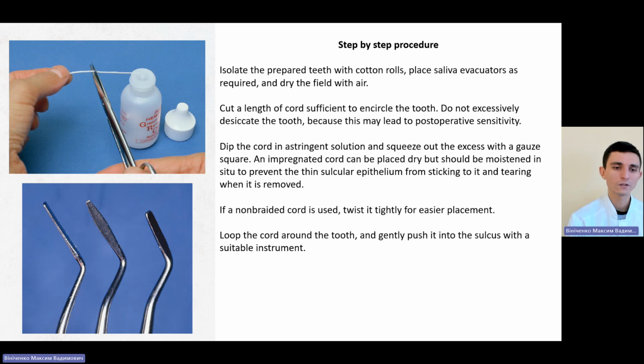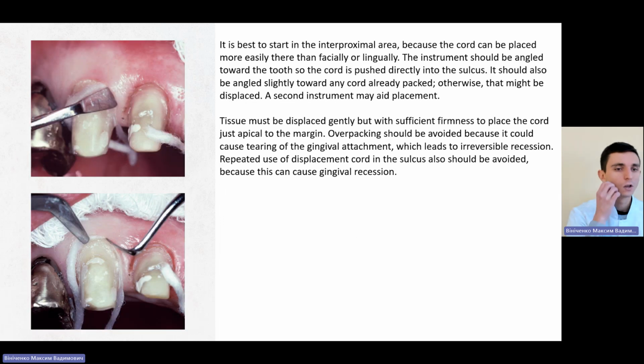If a non-braided cord is used, twist it tightly for easier placement. Loop the cord around the tooth and gently push it into the sulcus with a suitable instrument. It is best to start in the interproximal area because the cord can be placed more easily there than facially or lingually.